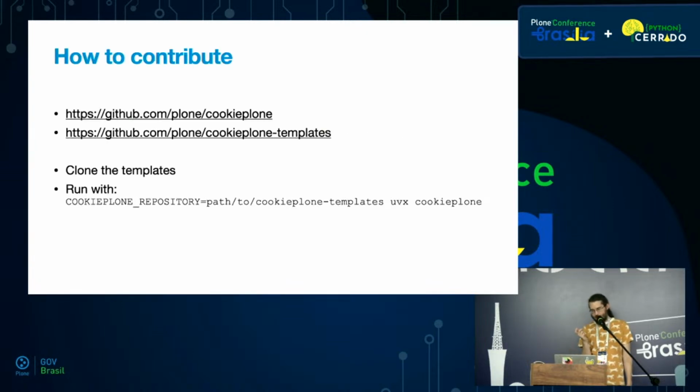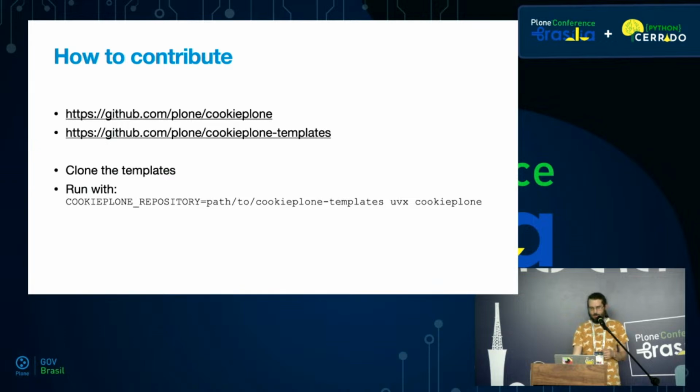And that relates closely to this slide, which is how do you contribute to cookieplone? I've sort of explained there's two different repositories. There's cookieplone itself, which is the command that you run and some utility functions. And then there's cookieplone templates, which has the templates in it. So if you want to fork the thing, or if you want to contribute, clone cookieplone templates, and then run cookieplone like this.